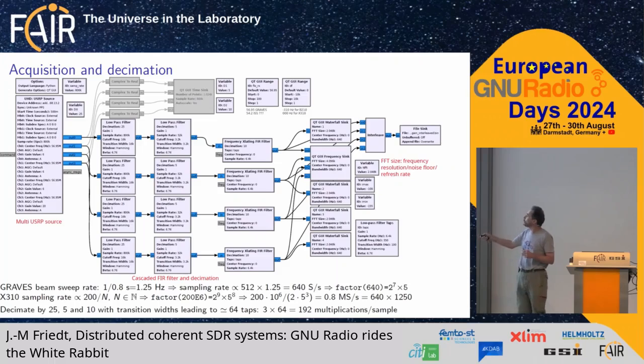And as we all know, if you want to decimate by as much as 1,000, either you put one filter with a huge number of taps, or you cascade and decimate. And this is what I'm doing here. I'm cascading and decimating my low-pass filters until, from the few 100 kilosamples per second I collect initially, I end up with something like 640 hertz baseband.